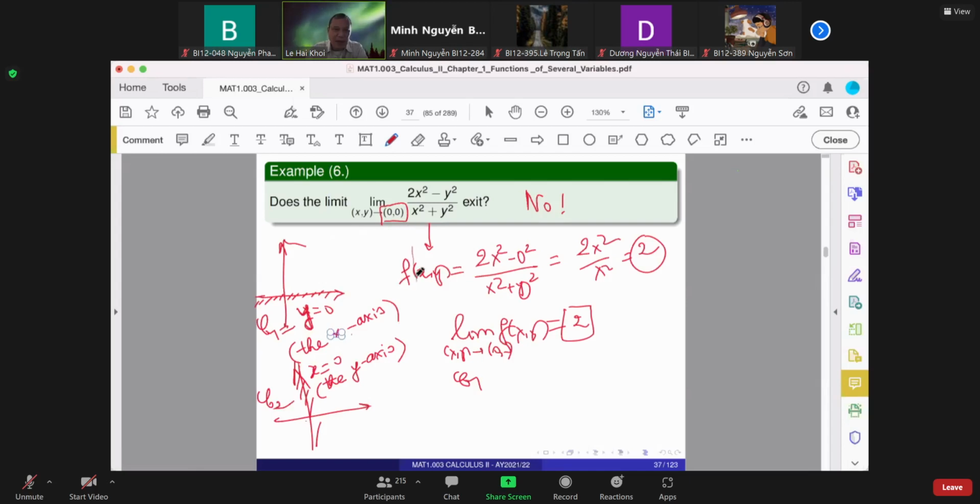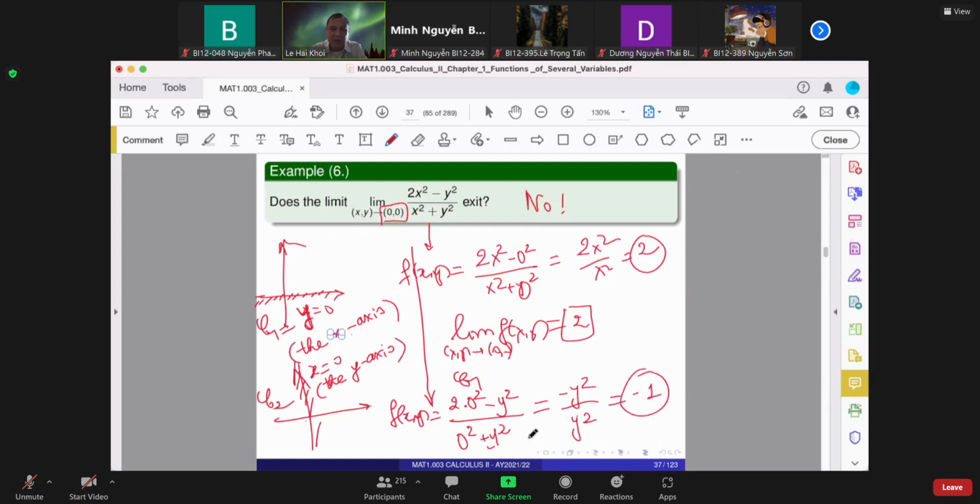Again, f(x, y) in this case, x is 0: 2 times 0 squared minus y squared over 0 squared plus y squared, which is negative y squared over y squared, which is negative 1. So, which means if I have here C2, I write 2 here, to economize the space, I don't want to erase.